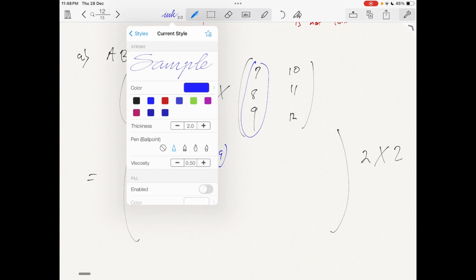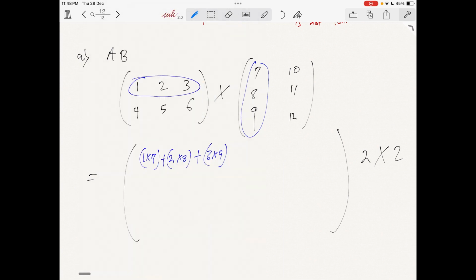The element here is the first row, second column, so we have 1 times 10 plus 2 times 11 plus 3 times 12.